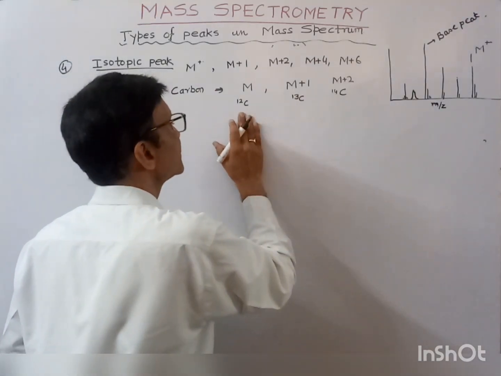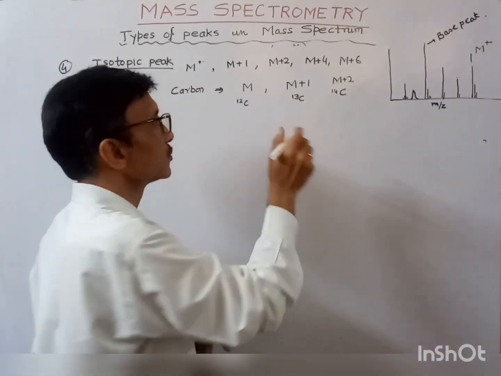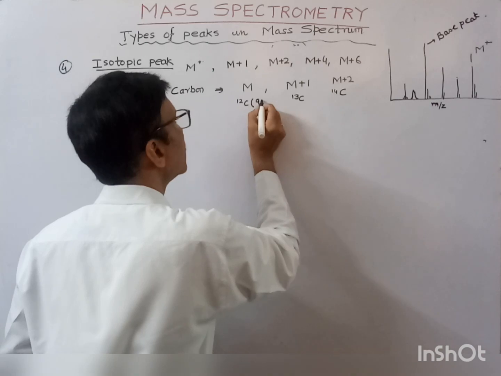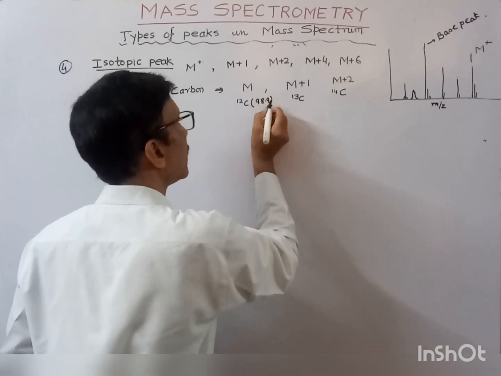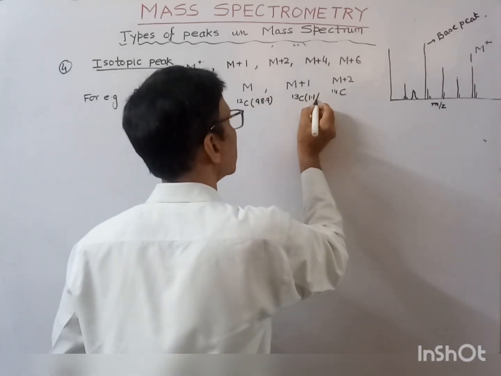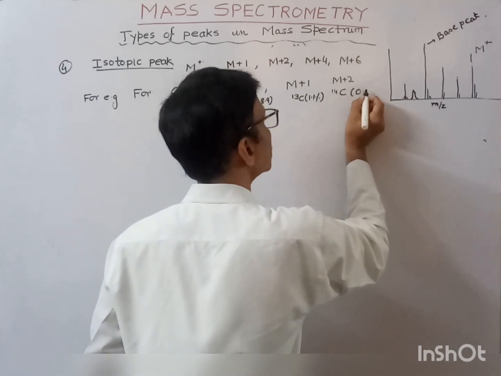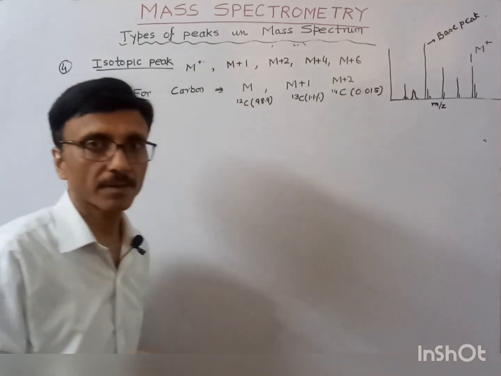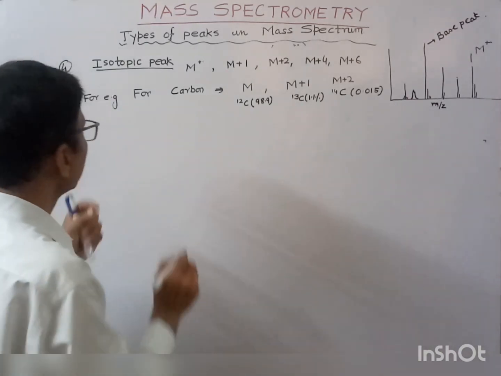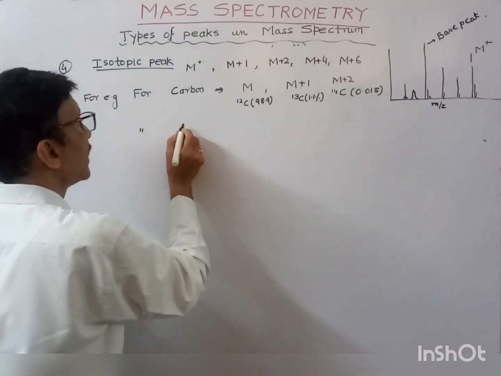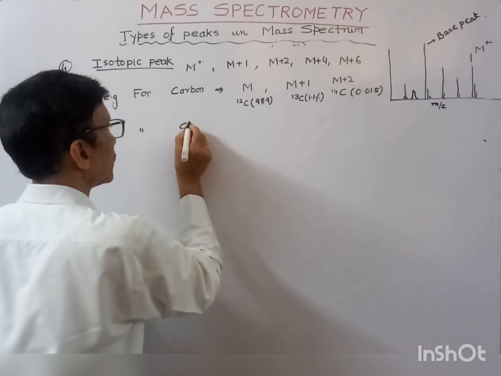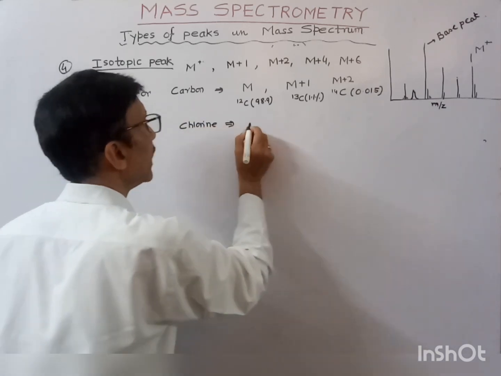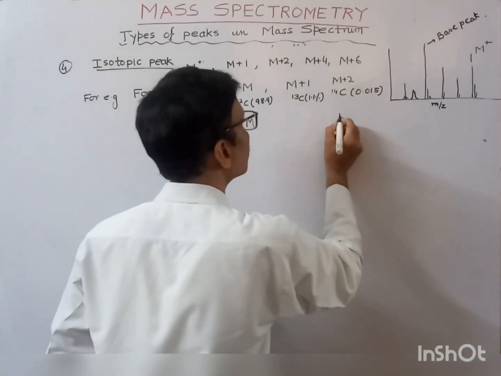So suppose this is out of 100, the relative abundance of carbon 12 is 98.9%, and this has 1.1%, and this has suppose 0.015%, like this. In the same way, if we have chlorine, then chlorine will show an M peak and an M plus 2 peak.